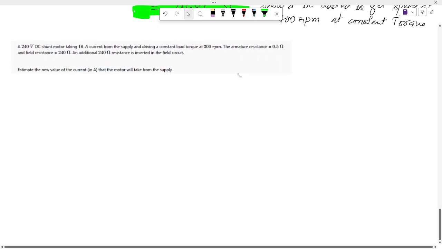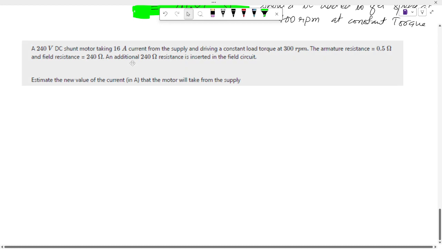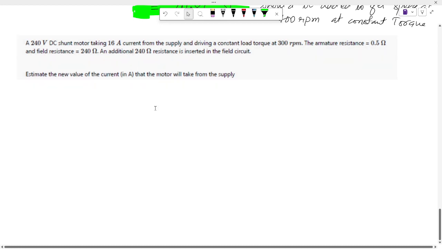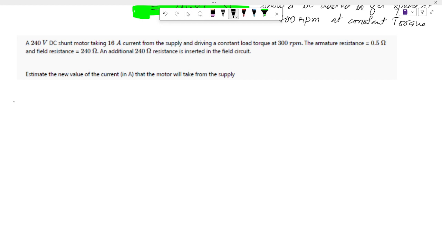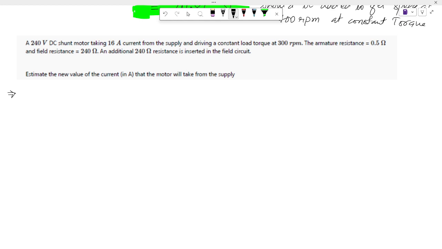Now we have another question. See, similar questions are there. This is based on speed control. What is the question? A 240 volt DC shunt motor taking 16 ampere current from the supply and driving constant load torque at 300 rpm.